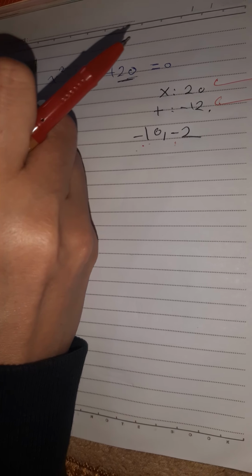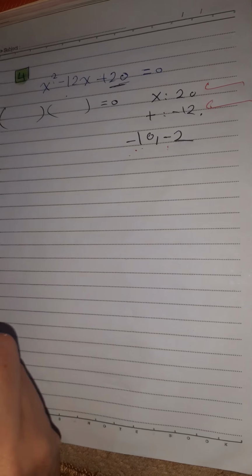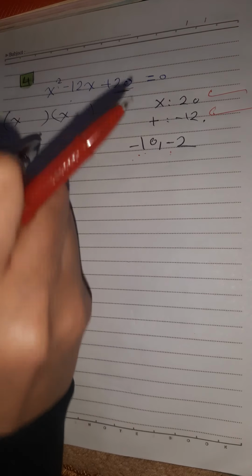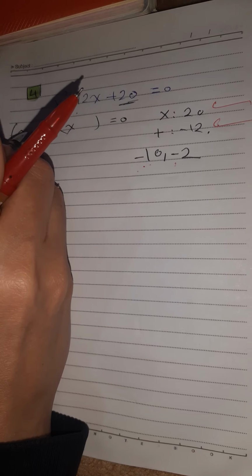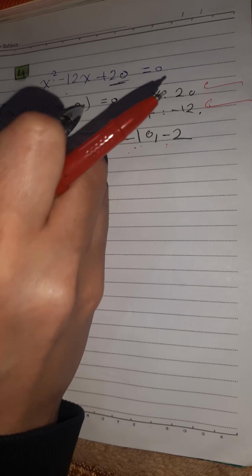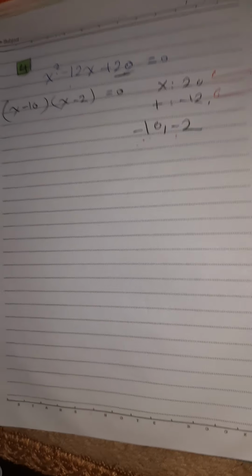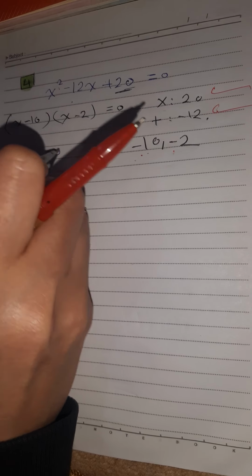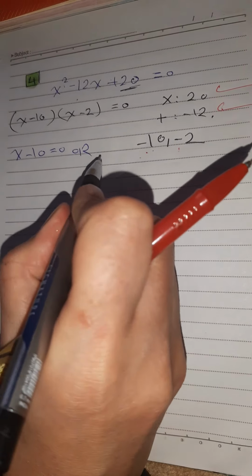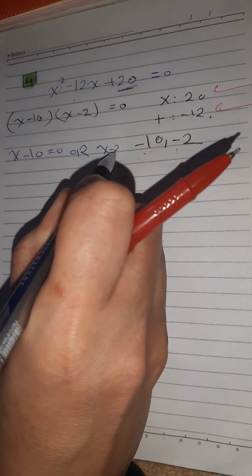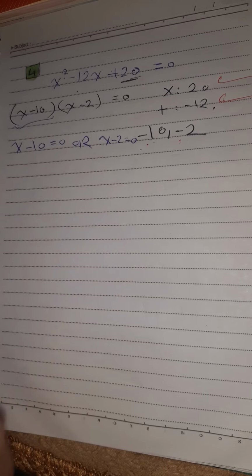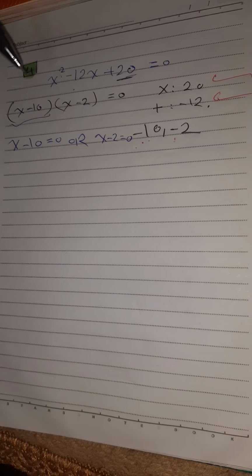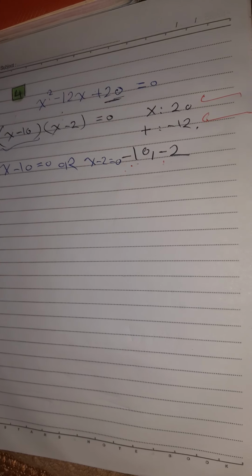Now, open two brackets, equals 0: x minus 10, x minus 2. Now, x minus 10 equals 0, or x minus 2 equals 0.